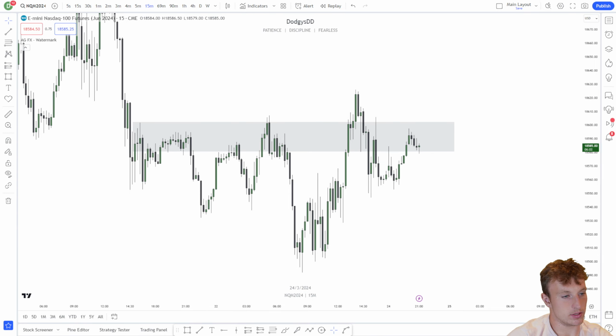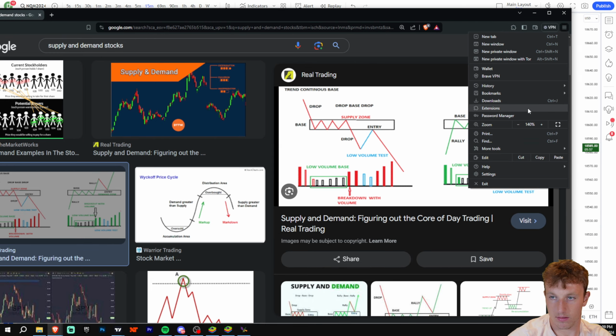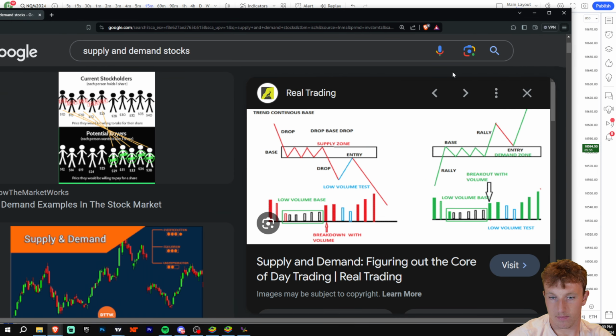So you can see in this picture right here, you see a rally, and we base here, it becomes supply, but then we break over it and use it as a demand zone right here. So you can see how that clearly works.